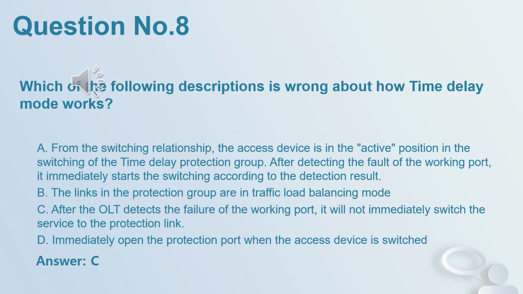B. The links in the protection group are in traffic load balancing mode. C. After the OLT detects the failure of the working port, it will not immediately switch the service to the protection link. D. Immediately open the protection port when the access device is switched. Answer C.